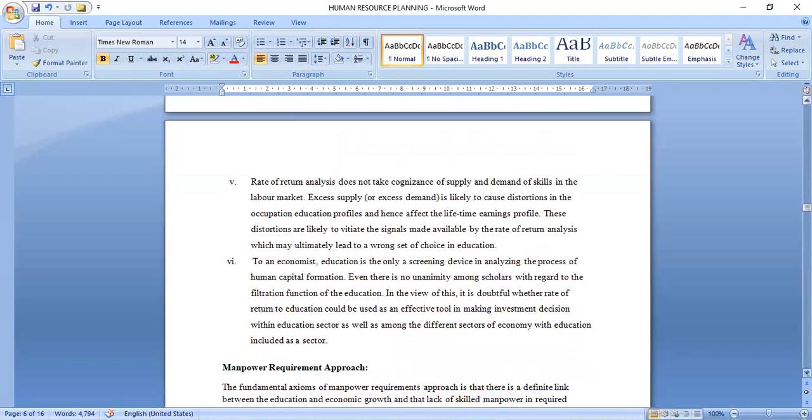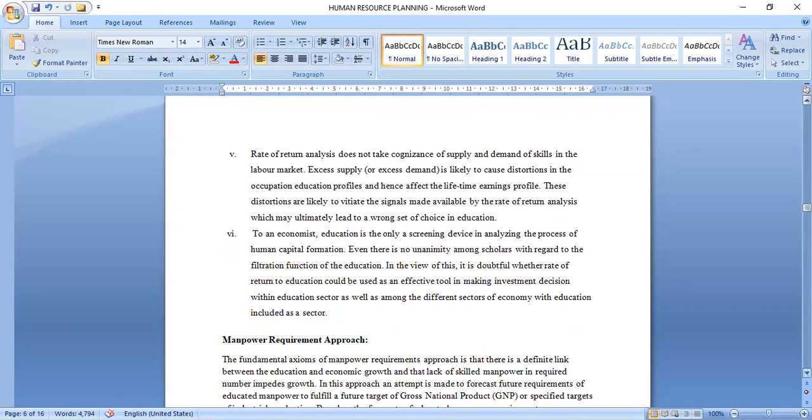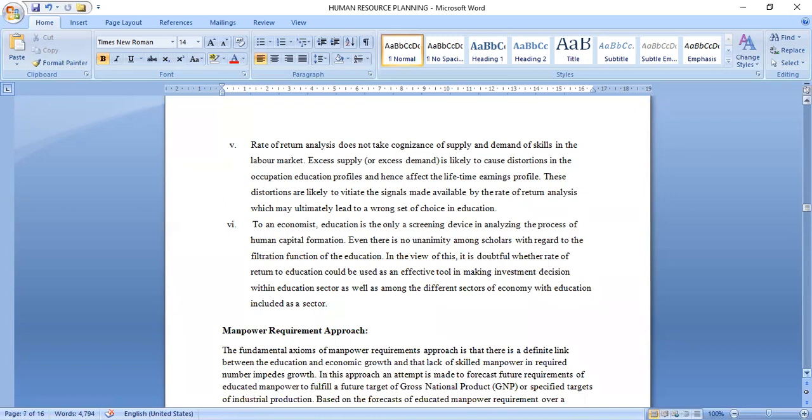Then also, this rate of return approach of education planning does not provide for the supply and demand of skills, because it's one thing for the government to invest in education and the citizens are educated, but it's another to look for jobs and link these graduates to the relevant jobs, right?